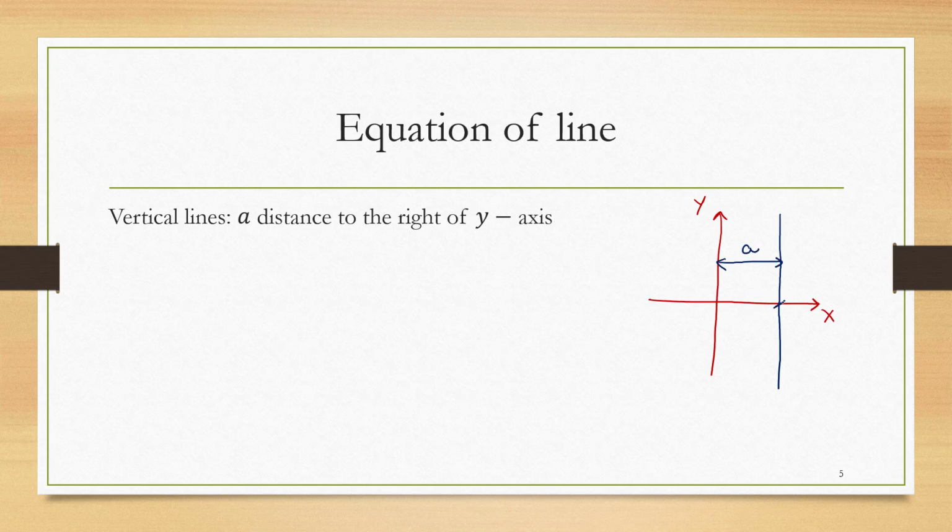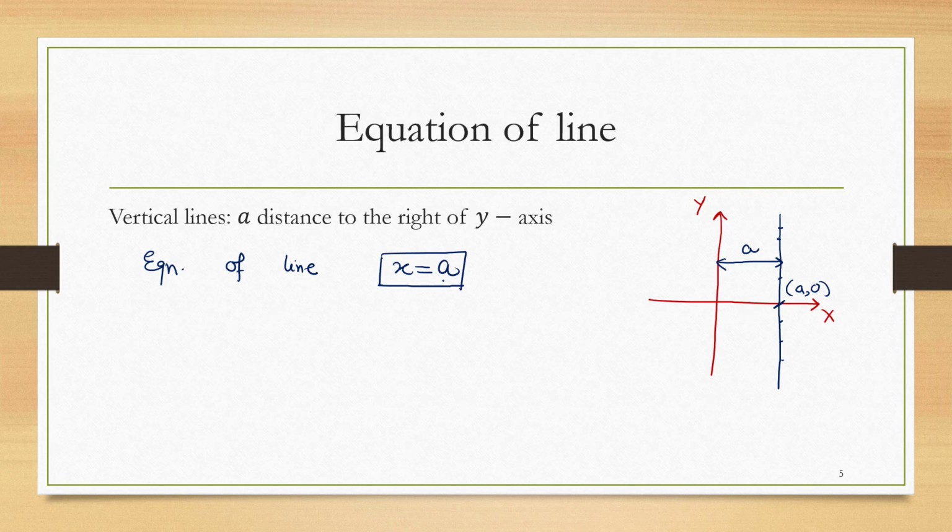Now this point will be, because this distance is a and it is on x-axis, so this point will be (a, 0). And any point on this line is going to have x coordinate equal to a.